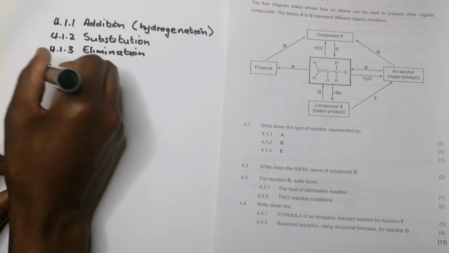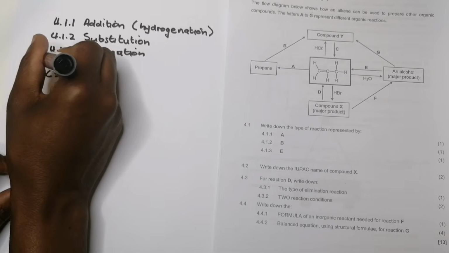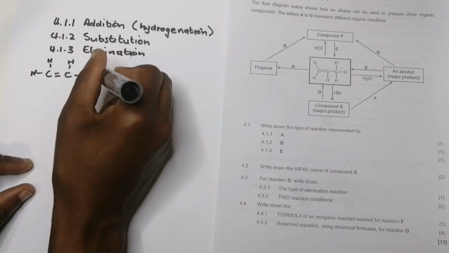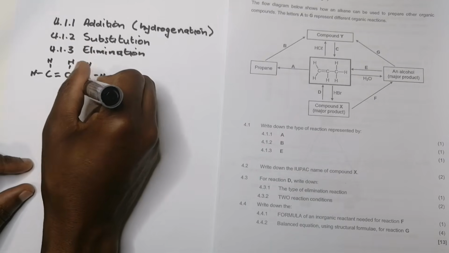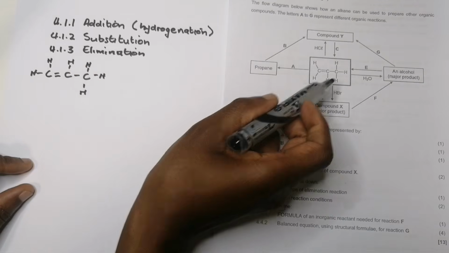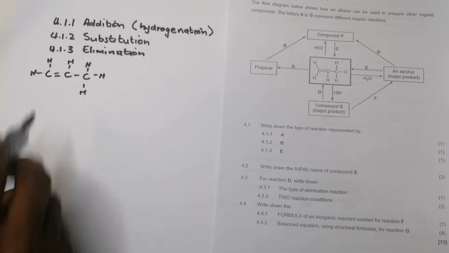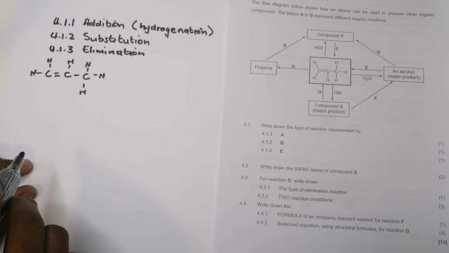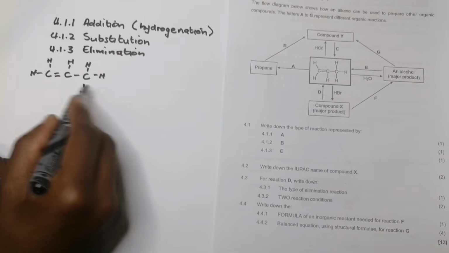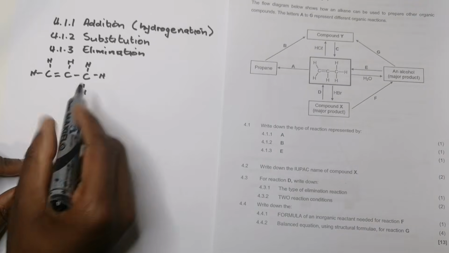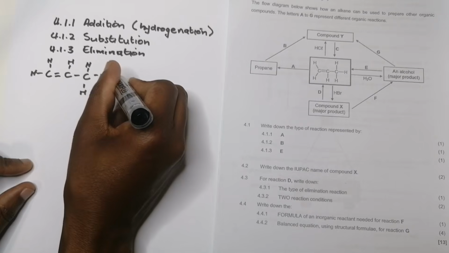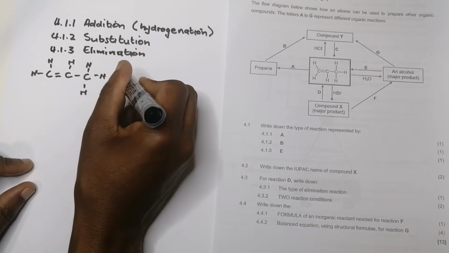Of course, they didn't ask us to show it, they just wanted us to write down the name, but I just want to show you how this takes place. So I've got an alkene there, which in this case is propene.